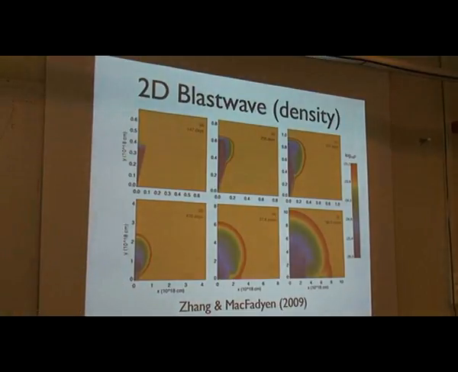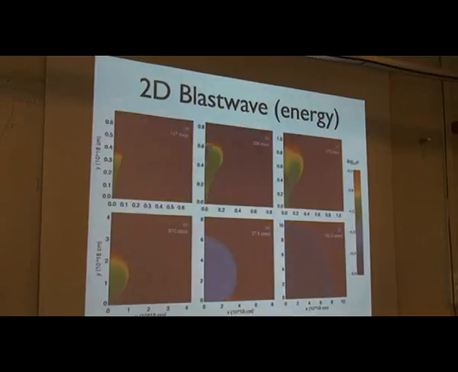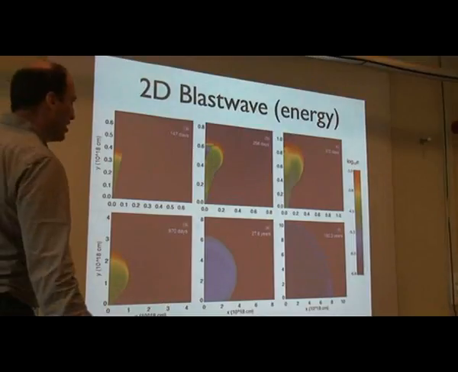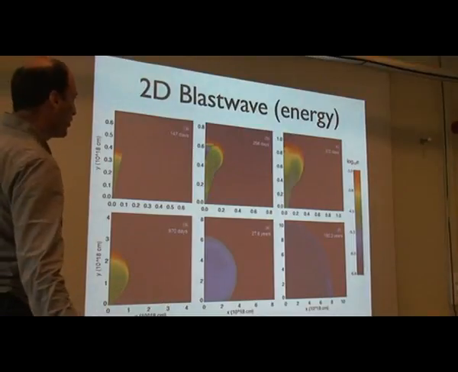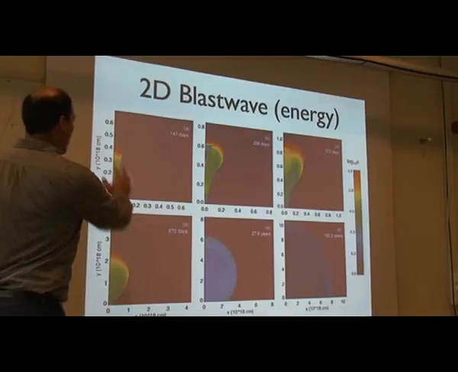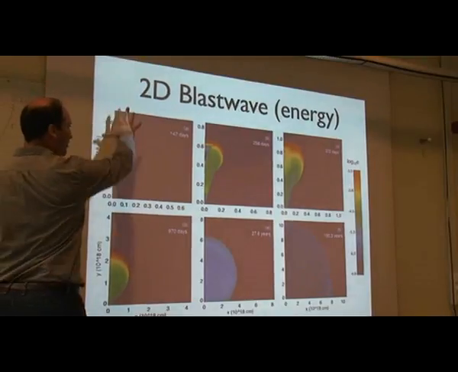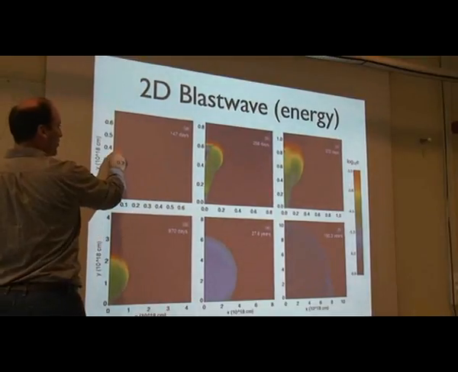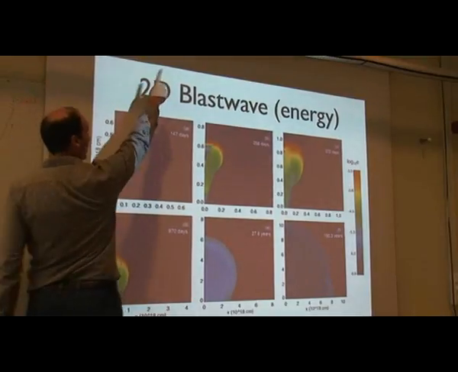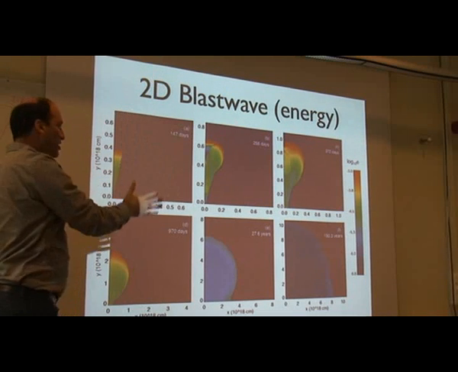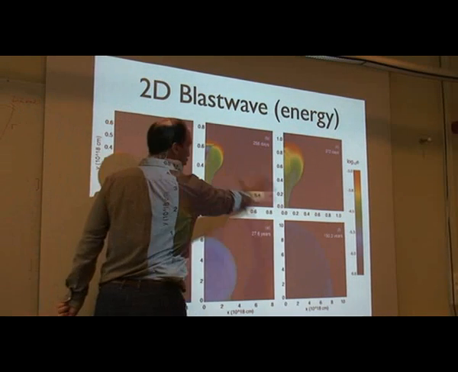You know, I have some better plots where you can see this. Again, this is showing the density, and this is showing the energy. It's the same thing, just showing energy instead. But the point is that since we know the density and the energy everywhere at all times, we can sum up the synchrotron emissivity for a fixed observer time and plot light curves based on the emission from this jet.